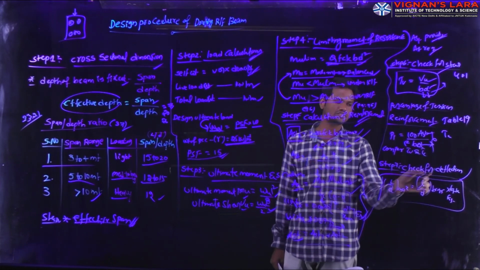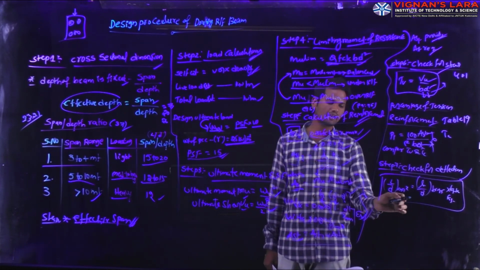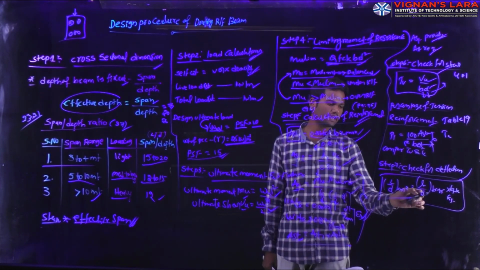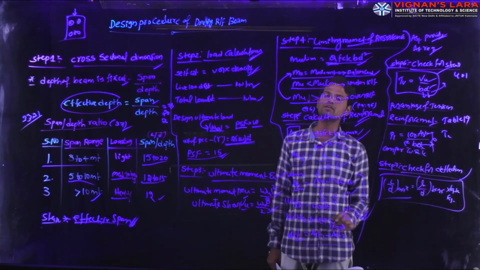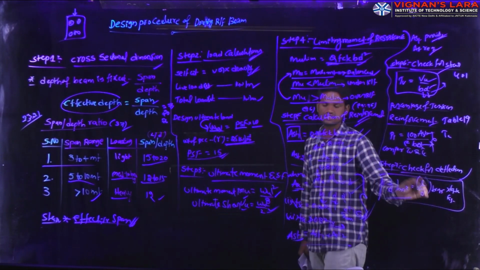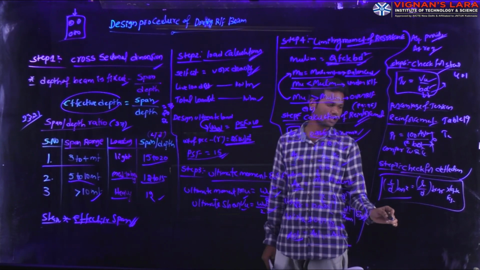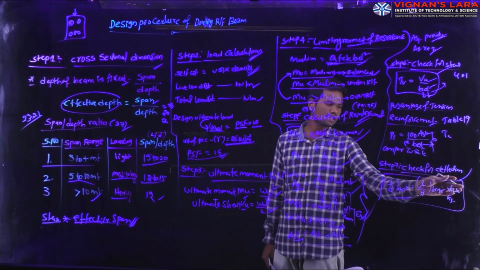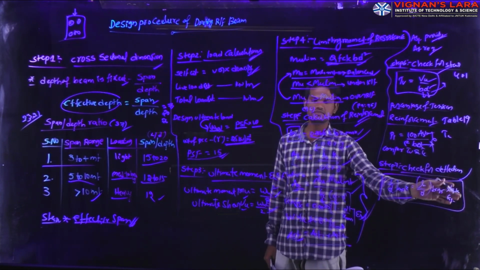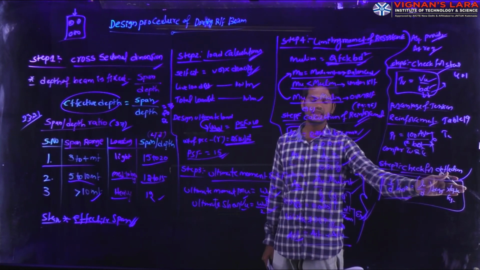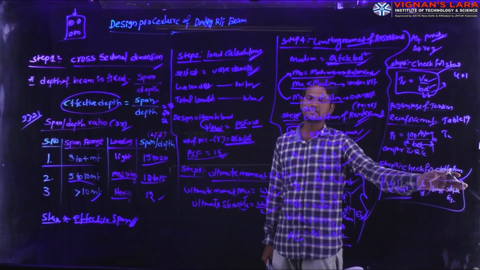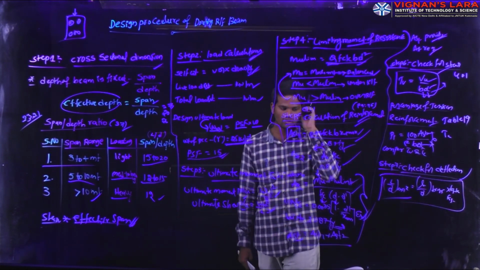For the check for deflection, we have L by d max equals L by d basic into Kt into Kc into Kf. Kc, Kt, Kf are the modification parameters. While explaining the problem, I will explain about this, so you need not worry about it.